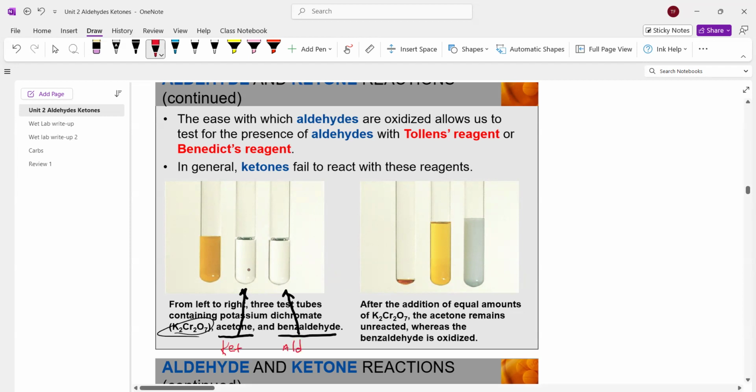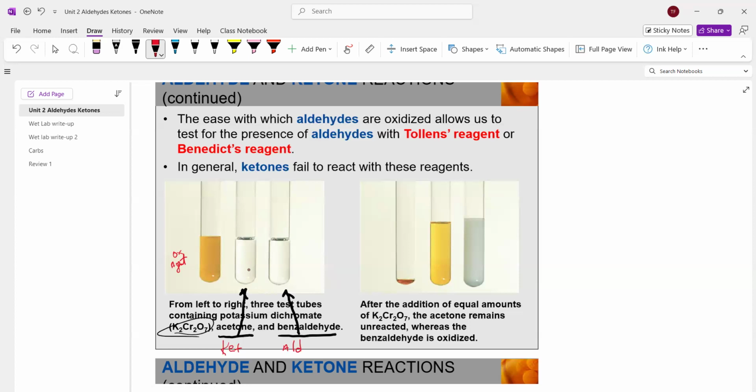This is the oxidizing agent. When we pour, if it changes, in other words, if it oxidizes something, its color will change from this orange to something else. And it depends on the oxidizing agent you're using. In this case, it's potassium dichromate. Potassium dichromate goes to this kind of bluish gray when it's oxidized.